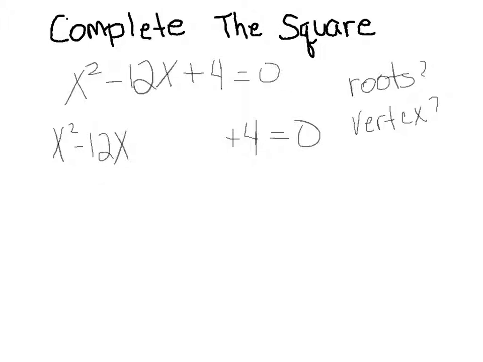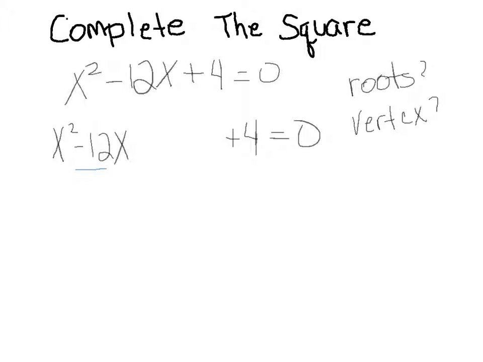I rewrite it so I leave a space there. And then I look at the coefficient for my x term, and I take half of it. Half of that would be negative 6. And then I need to take negative 6 and square it.